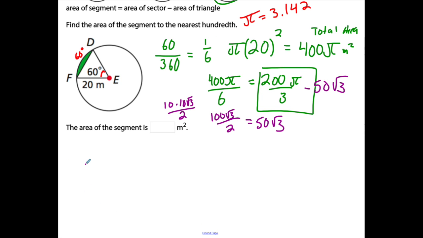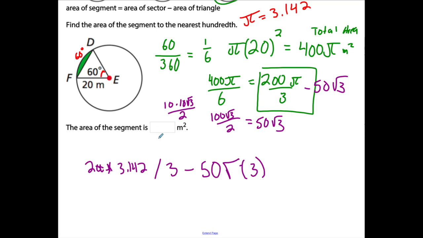This is what my window looks like: 200 asterisk 3.142 slash 3 minus 50, and then for me, it looks like square root, and it puts a parenthesis in there, 3. It knows how to do PEMDAS, because first you'd be multiplying by pi, dividing by 3, and so on.